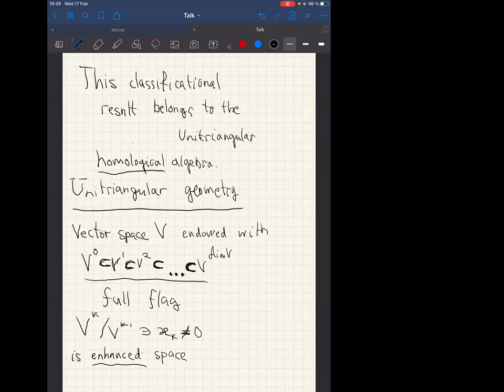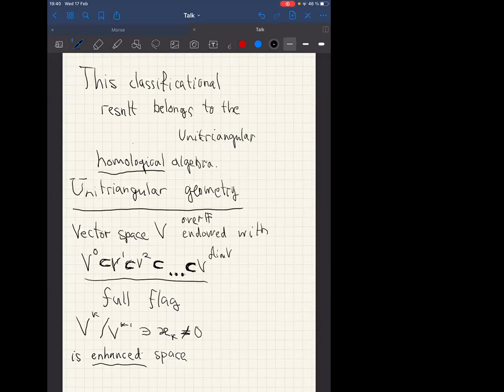And the main object in that study is the following. We consider a vector space over F endowed with the following structure, an enhancement. One can define it in the following way.